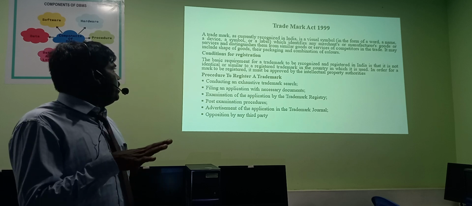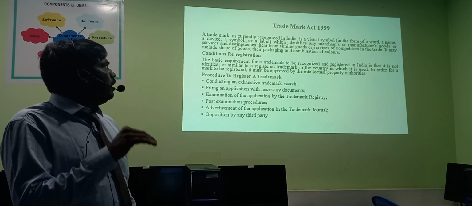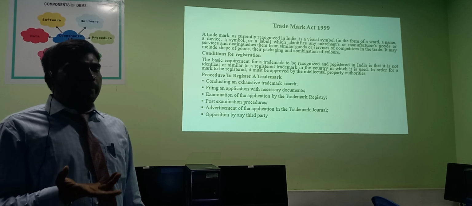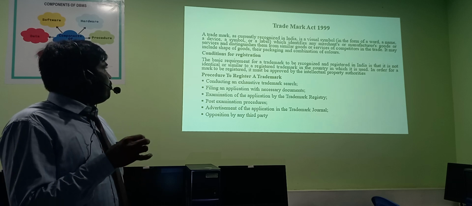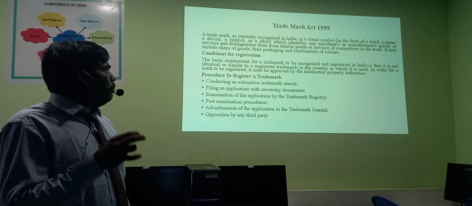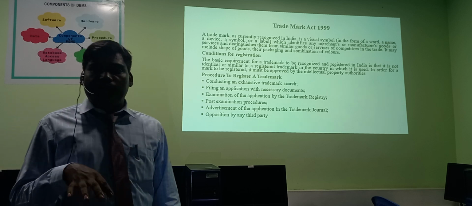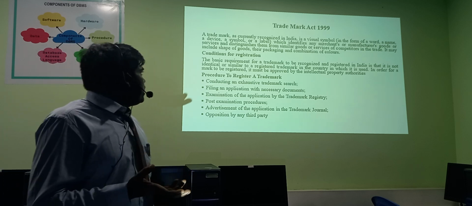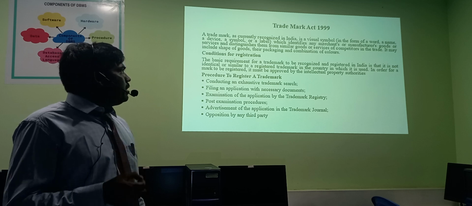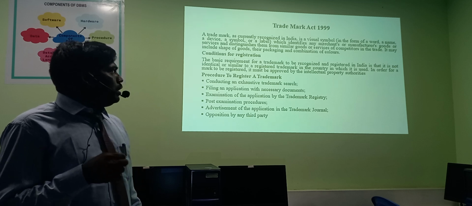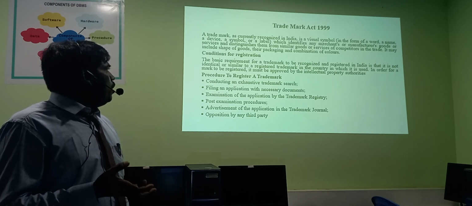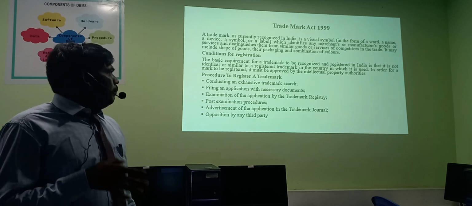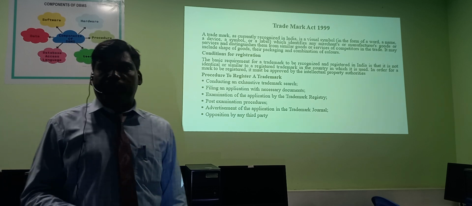The following are the conditions for registration under the Trademarks Act 1999. The basic requirement is that the mark is not identical or similar to a registered trademark in the country in which it is used. The mark must be approved by the intellectual property authorities.